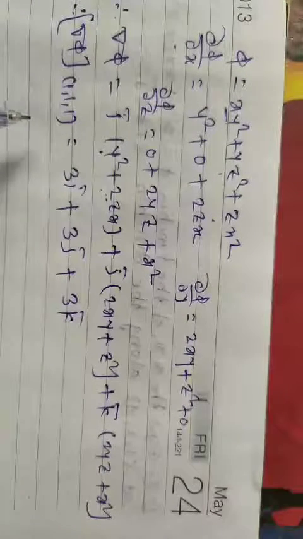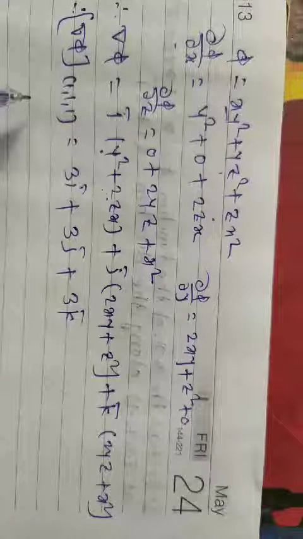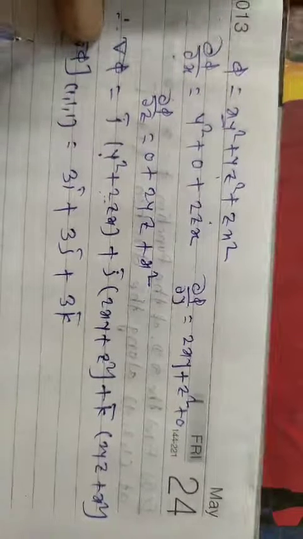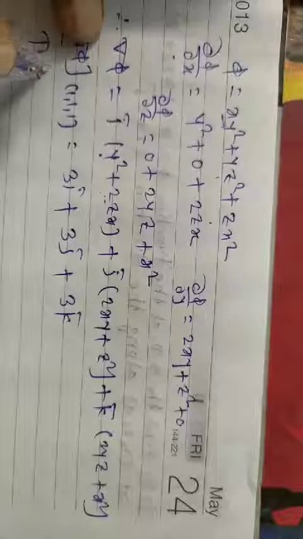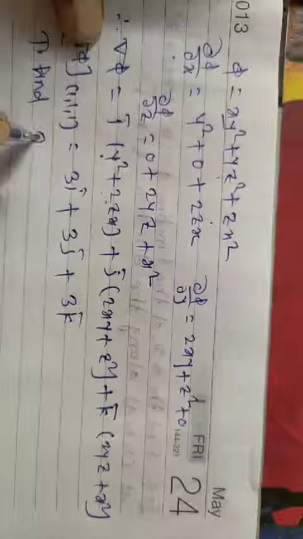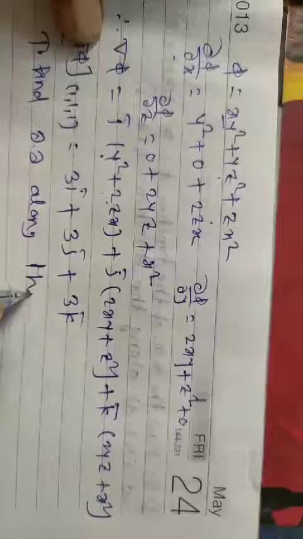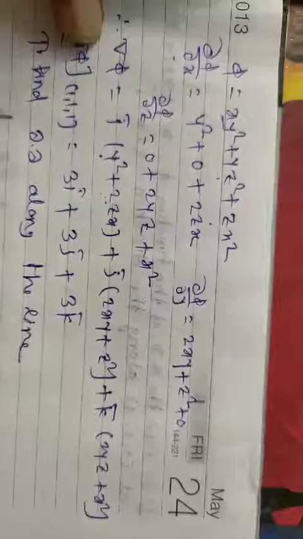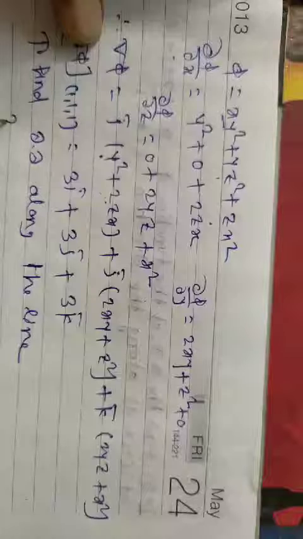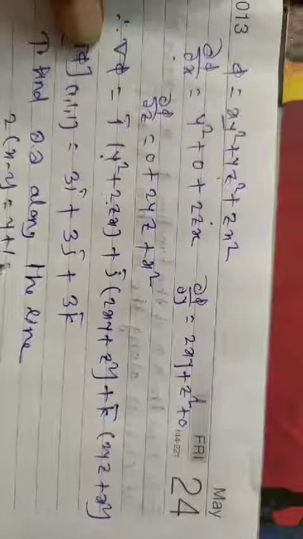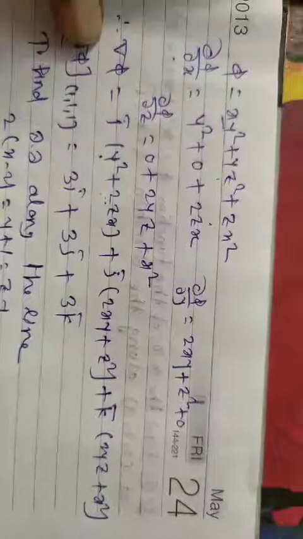Now our question is to find the directional derivative of phi at point (1,1,1) along the line. That line is given as 2(x minus 2) equal to y plus 1 equal to z minus 1.